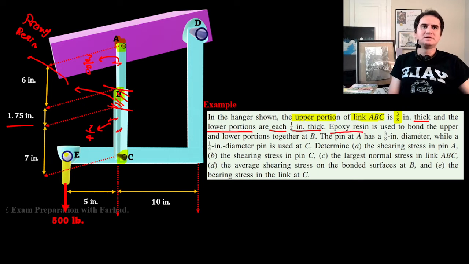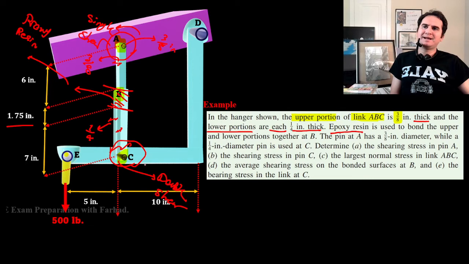The pin at A has a diameter of 3/8 and is in a single shear condition. The pin at C is in double shear, as you can see in the figure. That's a two-part double shear condition and has a diameter dC of 1/4.